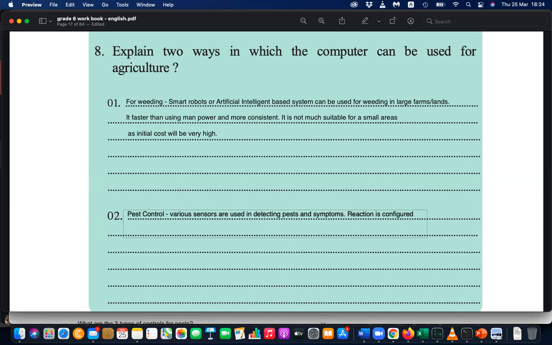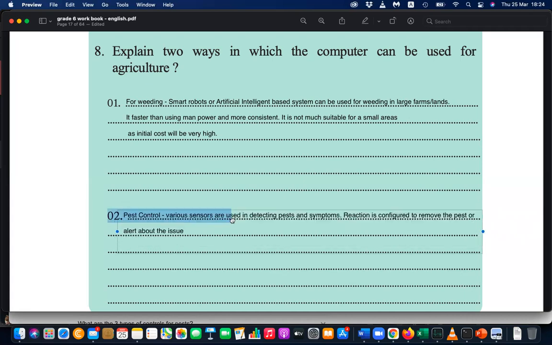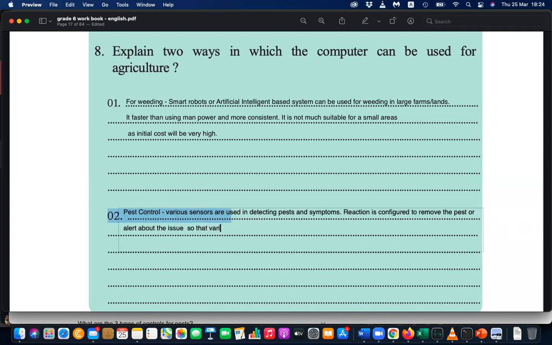The reaction is configured to remove the pest or alert about the issue, so that various actions can be initiated to stop the issue.